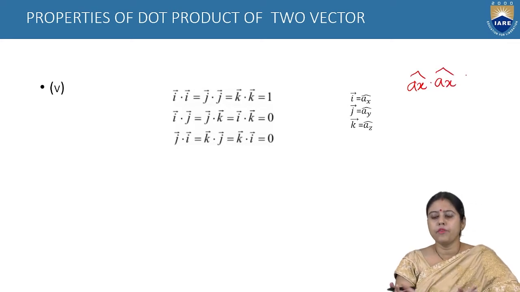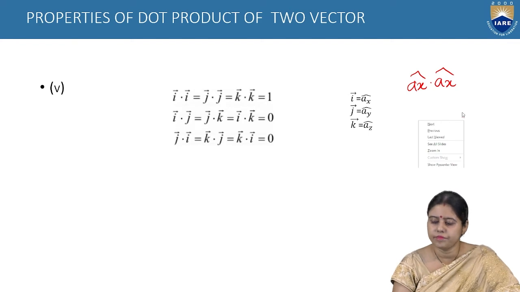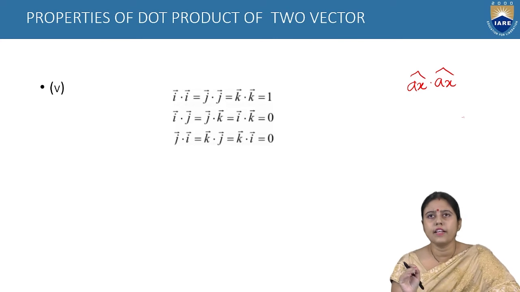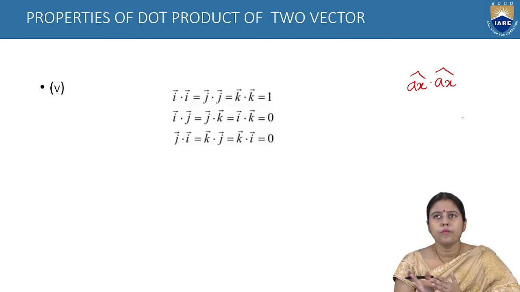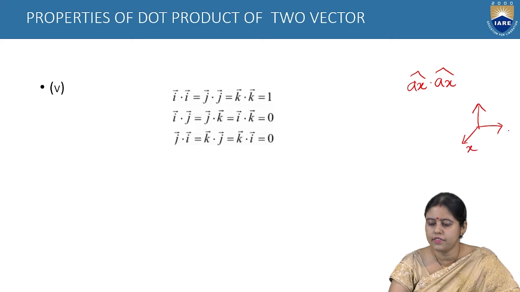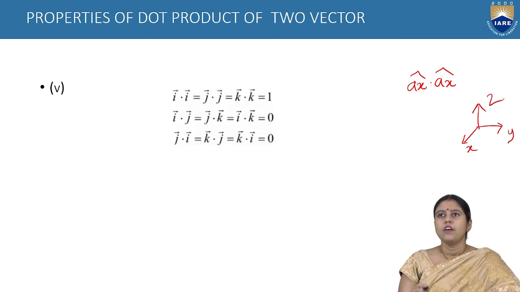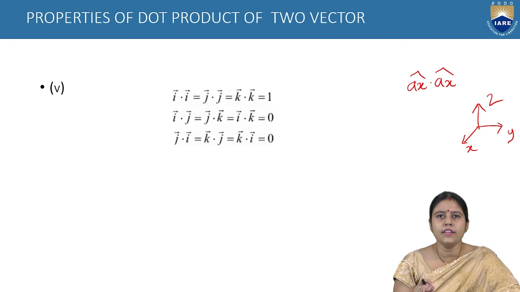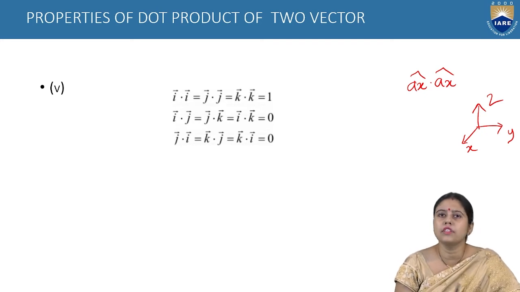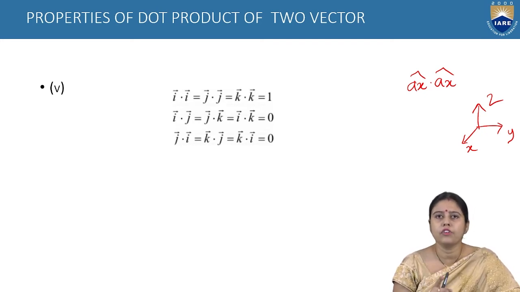Similarly, if we take the vectors in the X, Y, Z axes, say we have two vectors, both running along the x-axis. What is the angle between them? 0. And these are unit vectors.